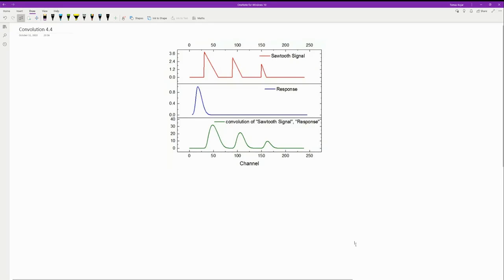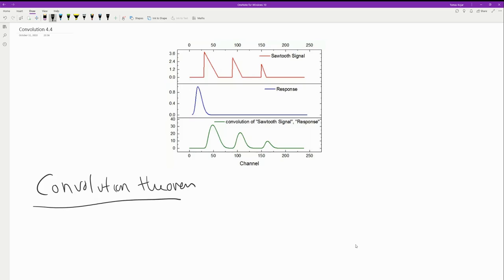Okay, so now let's talk about convolution. The motivation is that often we want the Laplace transform of a product.